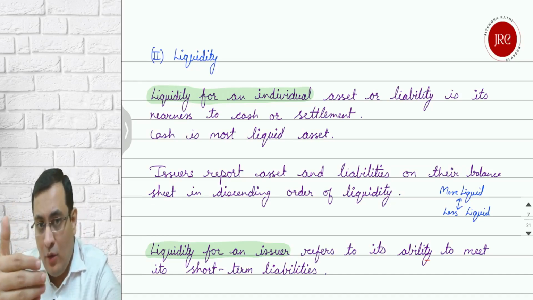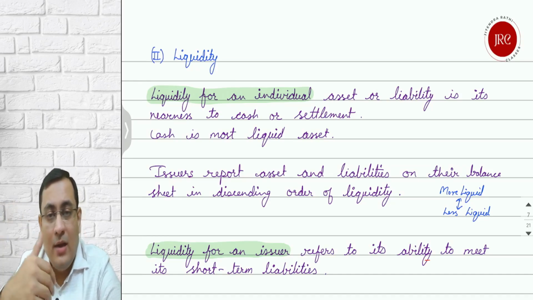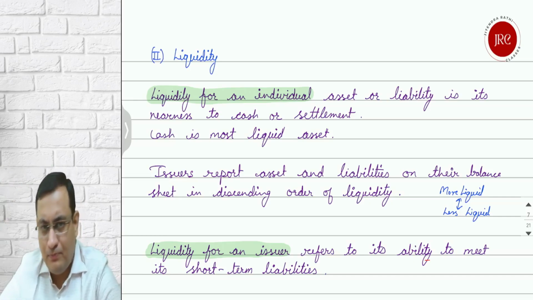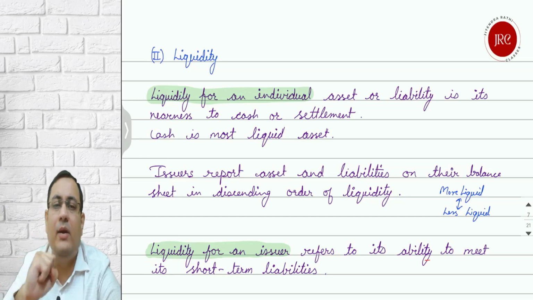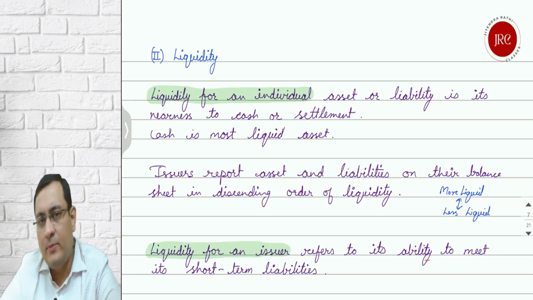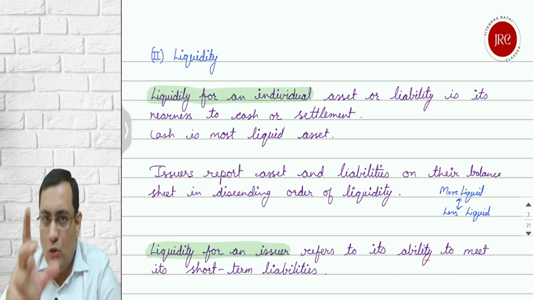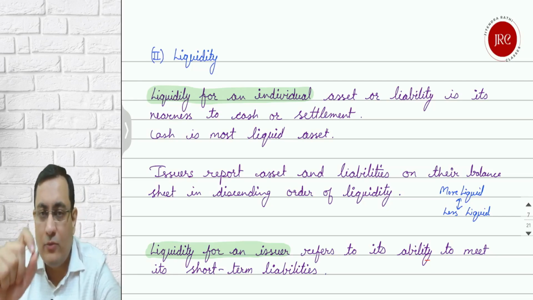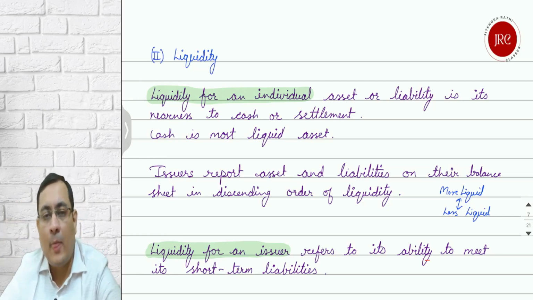Next, we hold another type of current assets: your inventory and receivables. Comparing these two from the point of view of liquidity, though both are current assets, which asset can be quickly converted into cash? Of course, it will be receivables. Why?